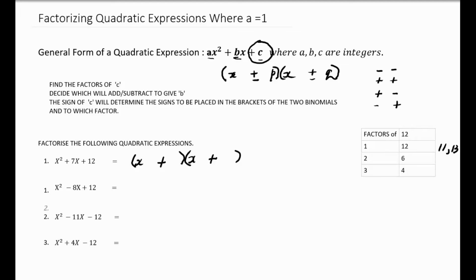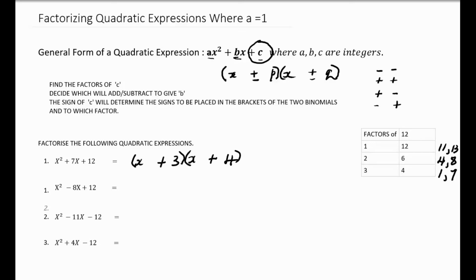For 2 and 6, if we subtract, we get 4, and if we add, we get 8. Likewise, for 3 and 4, we get a difference of 1 and a sum of 7. So straight off, we know that the factors must be 3 and 4. We have already decided that both of them are positive, so we put in the numbers there. And that's it. It's finished.